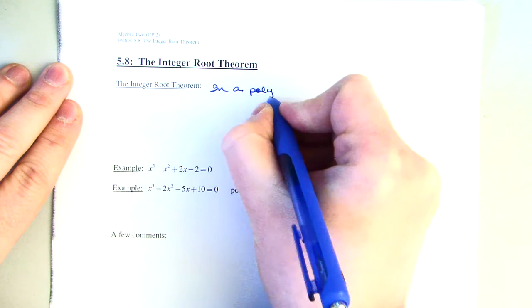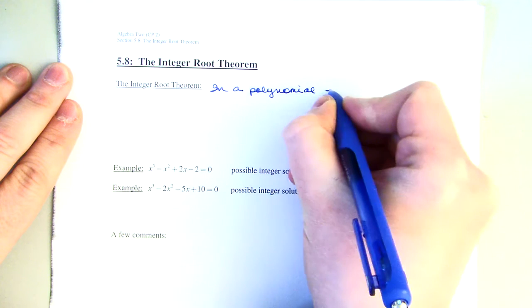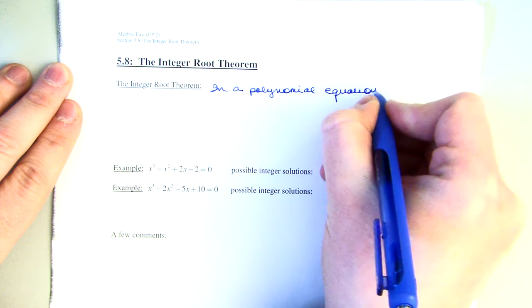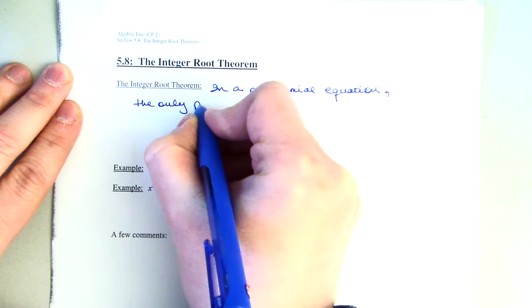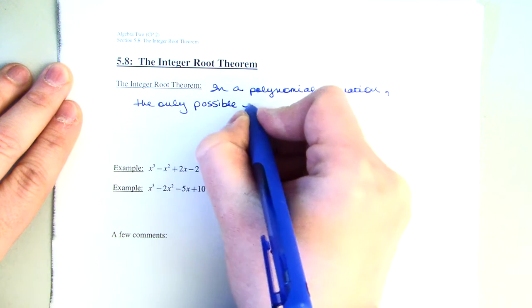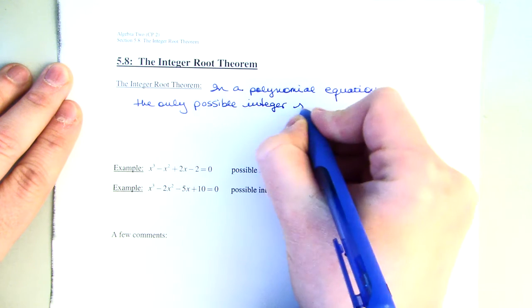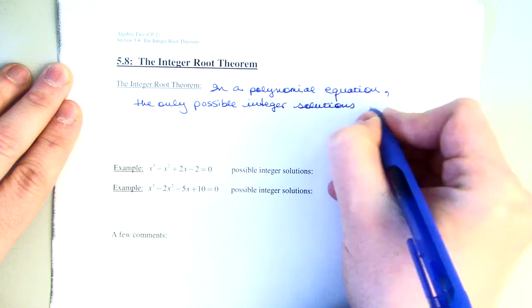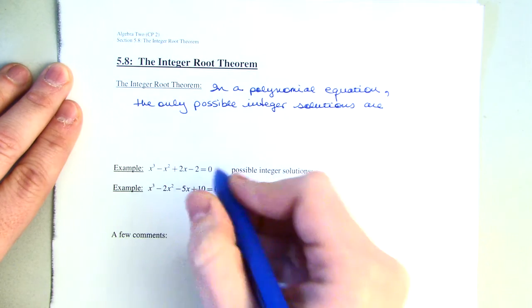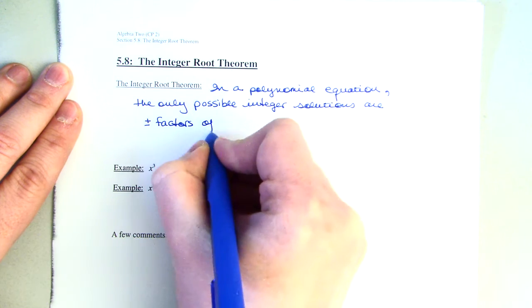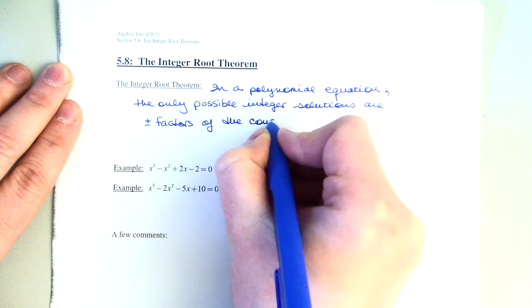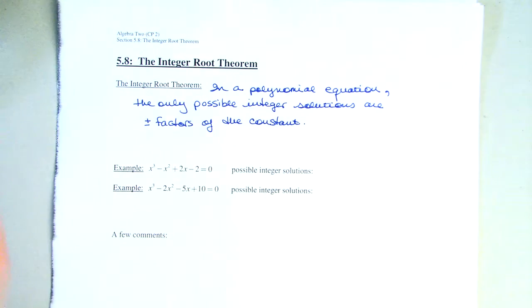In a polynomial equation, the only possible integer solutions are positive or negative factors of the constant.